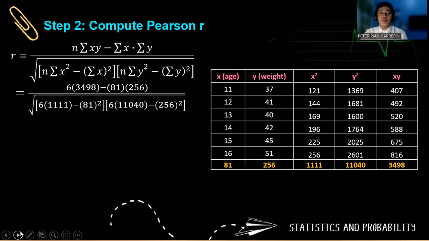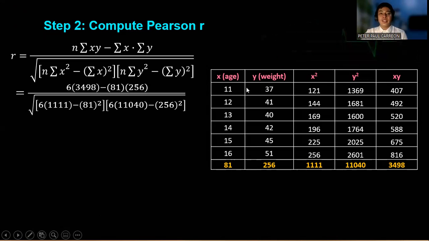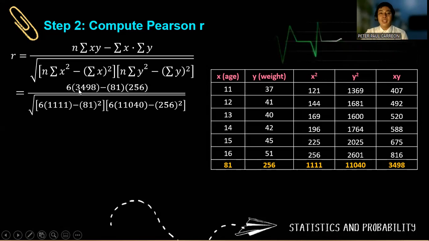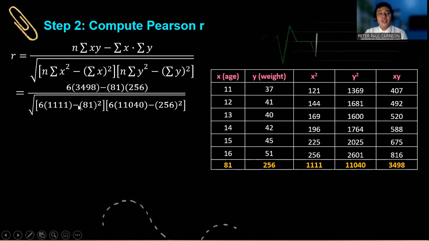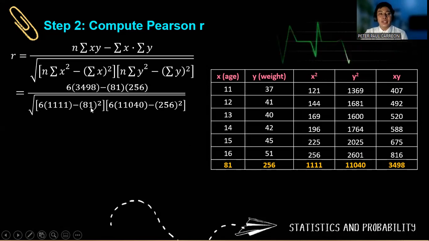Substituting the values, we have 6, which is n, because we have 6 children representing the age and their weight respectively. Then the summation of the fifth column, that is 3,498, minus the summation of x, which is 81, times the summation of y, 256. And then the square root of 6, that is n, times the summation of x squared, 1111, minus 81 squared.